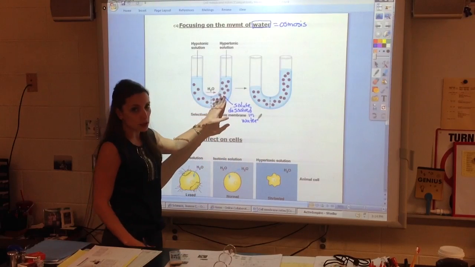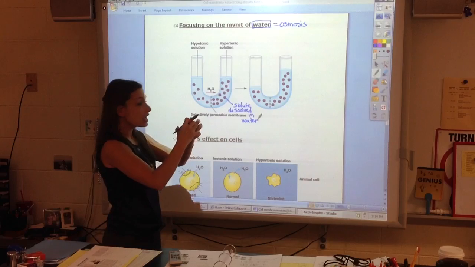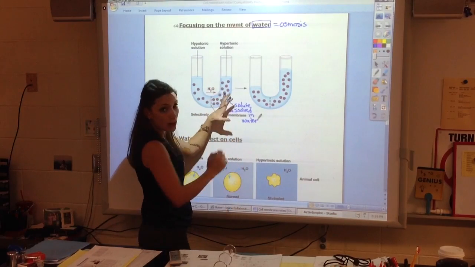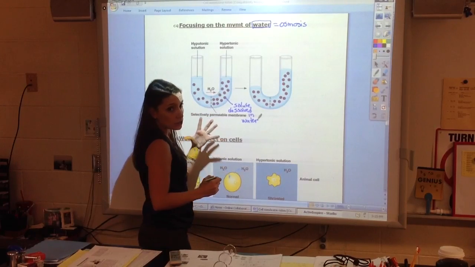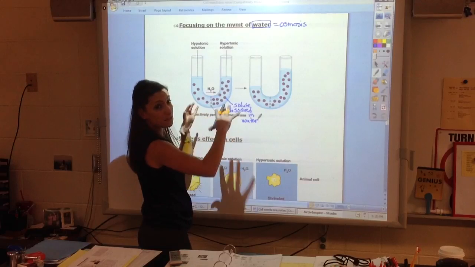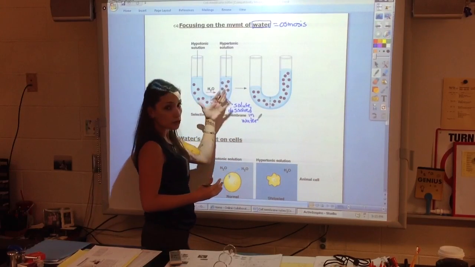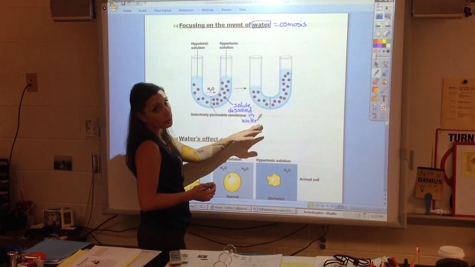Anytime that we have the solute, the water is usually going to be attracted to it. As the water is attracted to it, the water doesn't move around very much. And what this creates is a gradient where there's more solute and basically less free water molecules. So the more solute, a good rule of thumb is that the more solute, the less room for water.